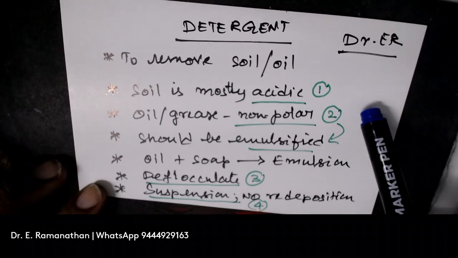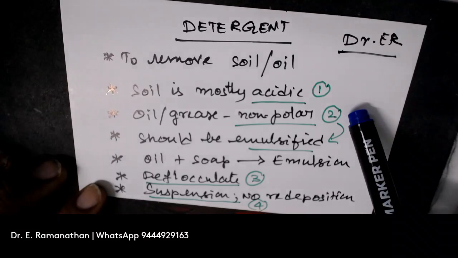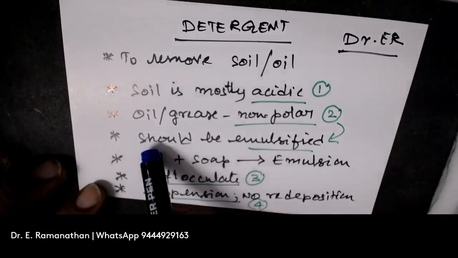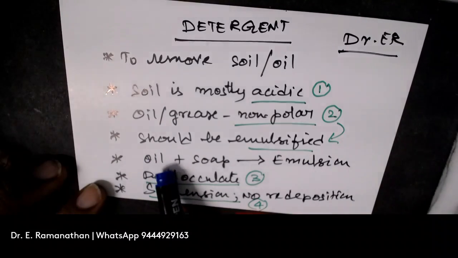So we need to remove this non-polar ingredient or the dirt by emulsification only. So naturally our formula should contain an emulsifier. Emulsion is nothing but, for example, let me consider oil that is not compatible with water. So with simply water we cannot remove oil or grease.